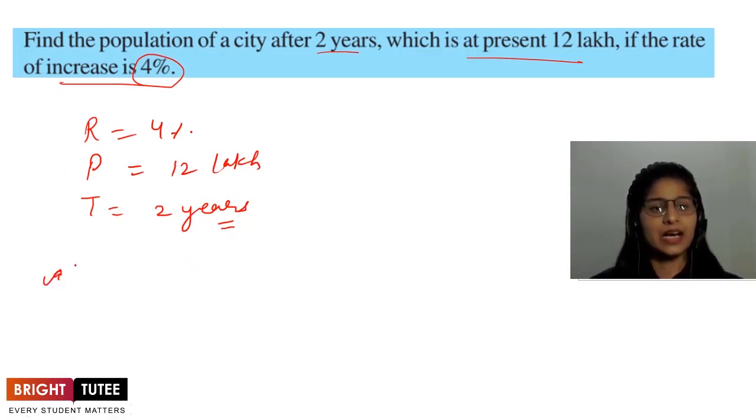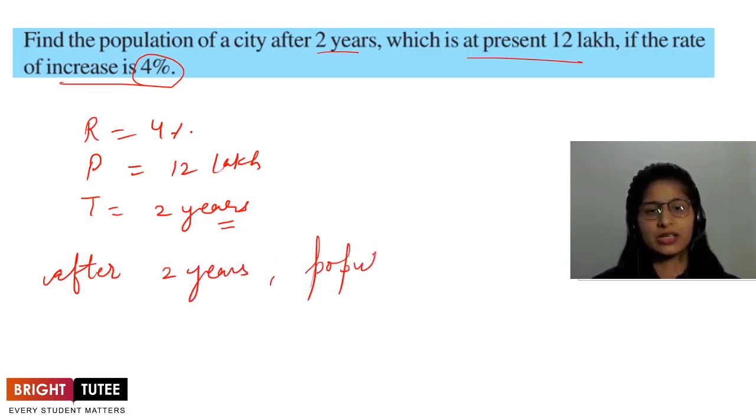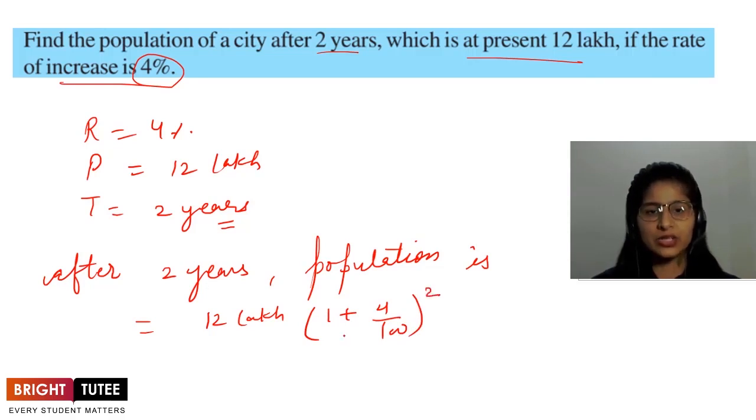So now after 2 years we have to tell. So we will write after 2 years population is, because it is increasing, we will use 12 lakh into 1 plus rate is 4%, 4 upon 100 to the power n, that is 2.